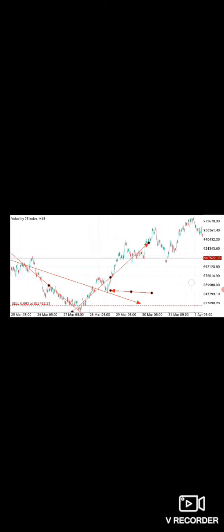Imagine you enter here. The total length during the previous downtrend was more than 100,000 pips. So you have to be mathematical here.